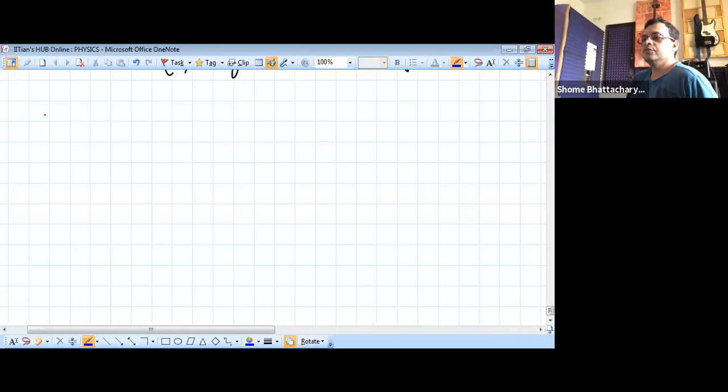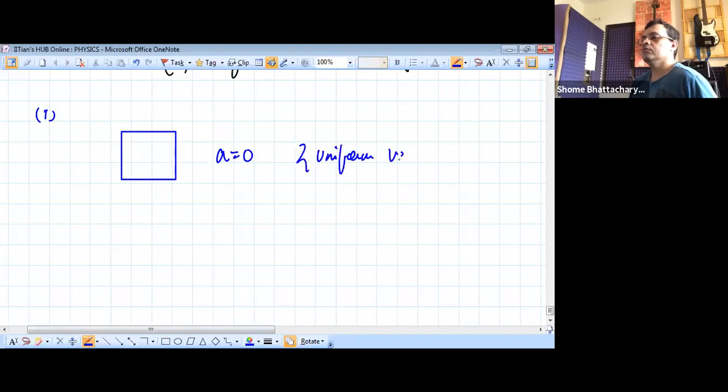So in the first case, when you consider the forces acting on the box, there are only two forces. But more importantly, its acceleration is zero because it's going at uniform velocity.